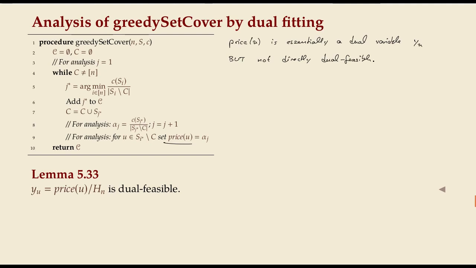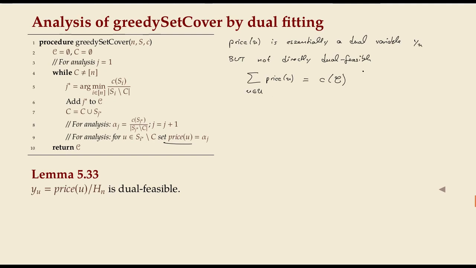And one reason how you easily can see that this can't work the way it is: if you sum up all the elements' prices, then just by construction, how we defined those, essentially we use the price of an element to charge the elements that we cover with a new set, to charge the cost for this new set to these elements. And we do so in a way that in the end, exactly the cost of the whole cover, the curly C that we return, is distributed to all the elements.